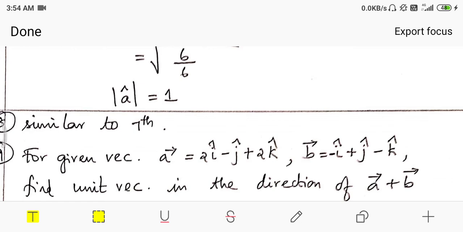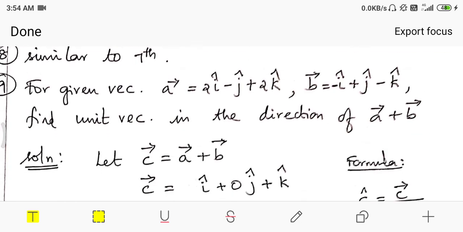Then ninth one, for given vectors A and B, find the unit vector in the direction of A vector plus B vector. First you have to add A vector and B vector, then find the unit vector in that direction. Let C vector equal A vector plus B vector.